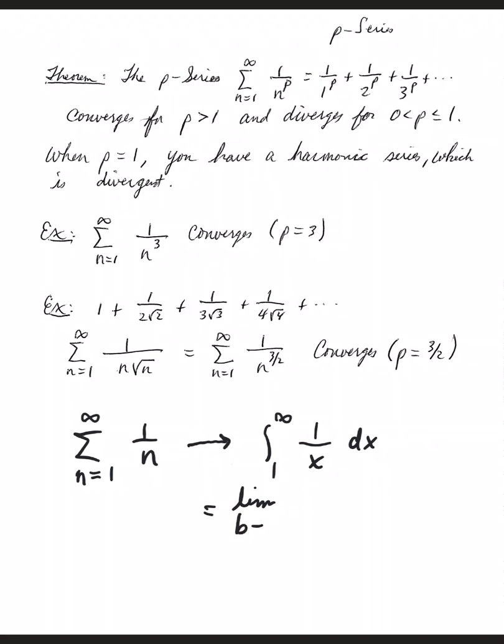For this antiderivative, I'm going to go ahead and do it properly with the limit as b goes to infinity. The antiderivative of 1 over x is ln of x. Since we're going from 1 to infinity, I'm just using parentheses instead of absolute value.